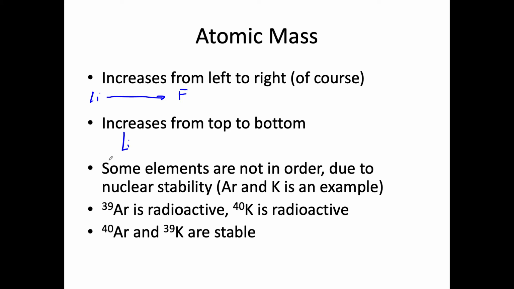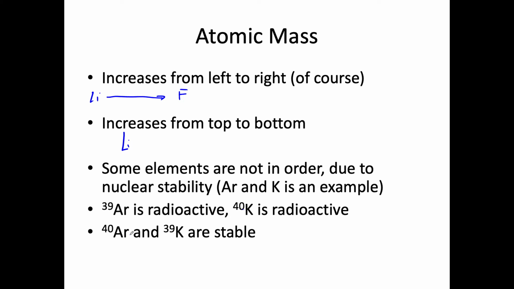Now I want to point out that if you look at some of the averages, they're not quite in order, basically because of nuclear stability. For example, argon-39 is radioactive, and potassium-40 is radioactive, and they actually switch. So argon-40 and potassium-39 are stable.